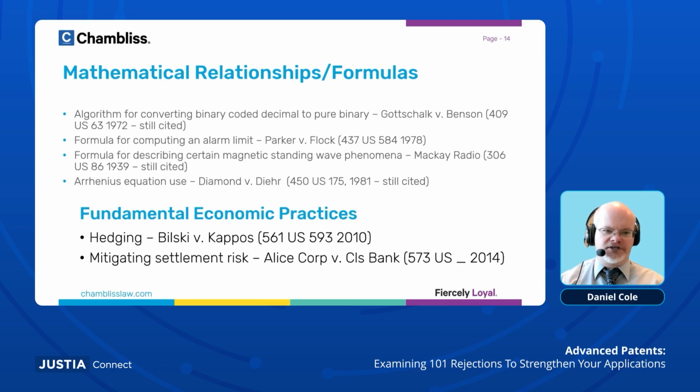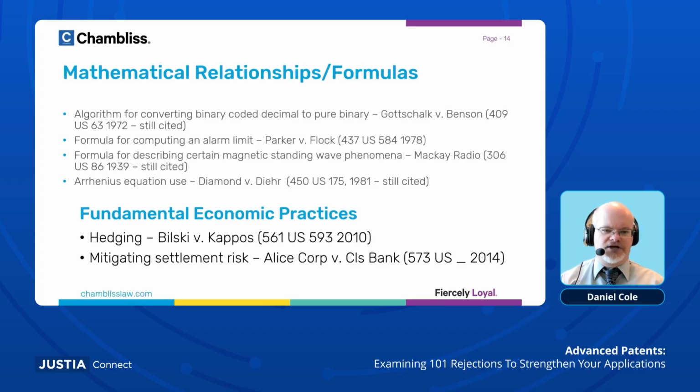You've got a formula for computing an alarm limit. I think that's Parker v. Flook. That case cite there is incorrect, sorry about that. But the formula for computing an alarm limit is also found to be a mathematical relationship and a formula.